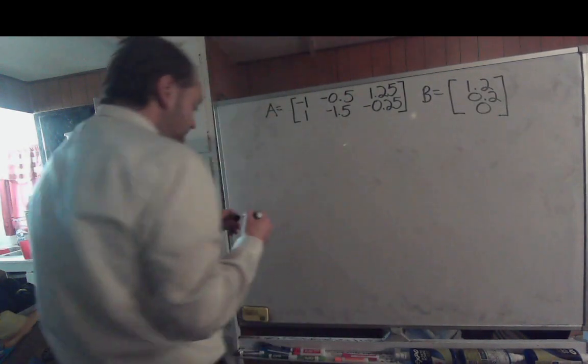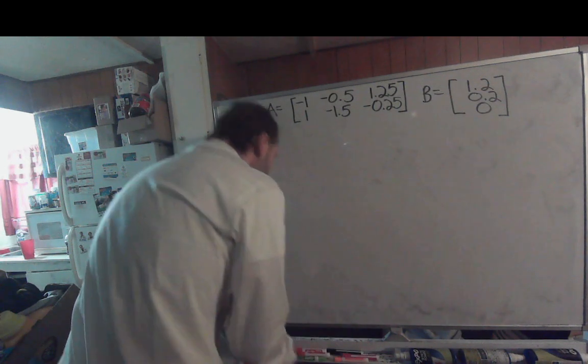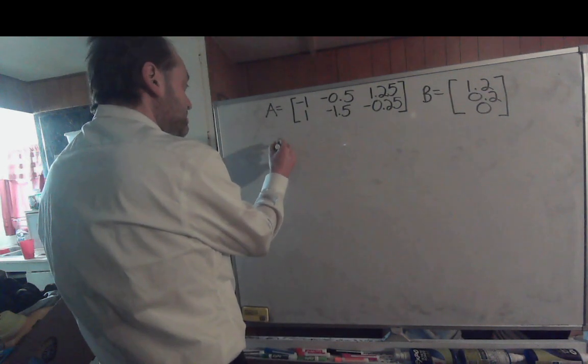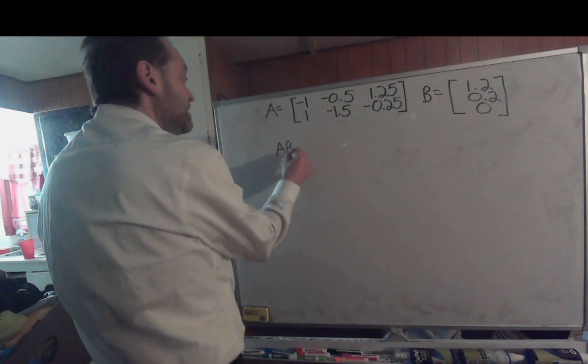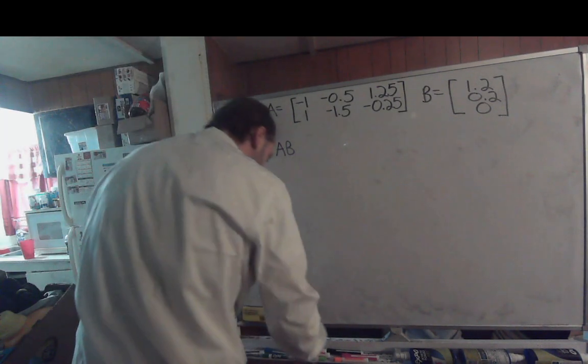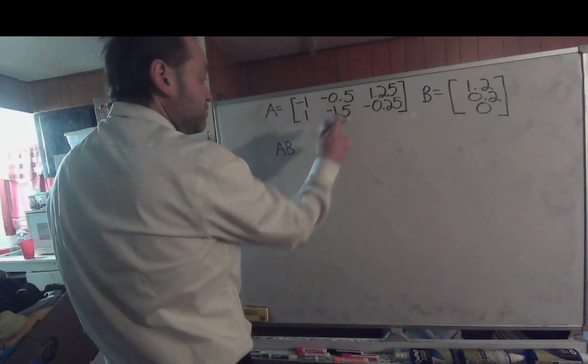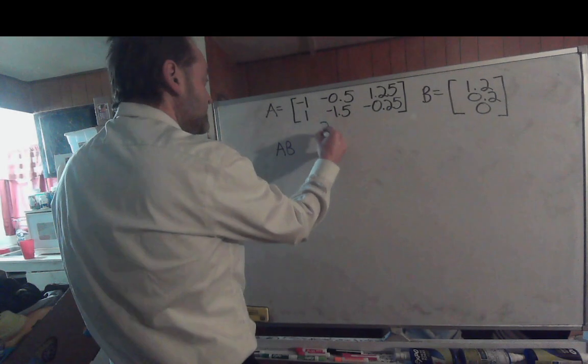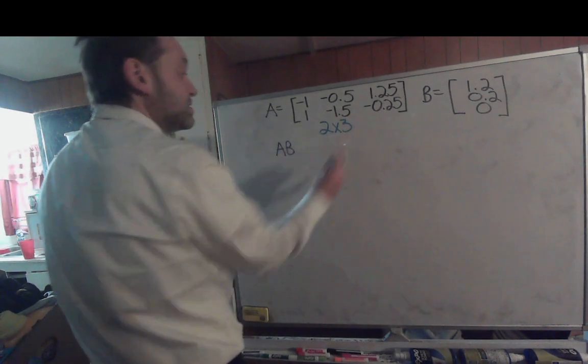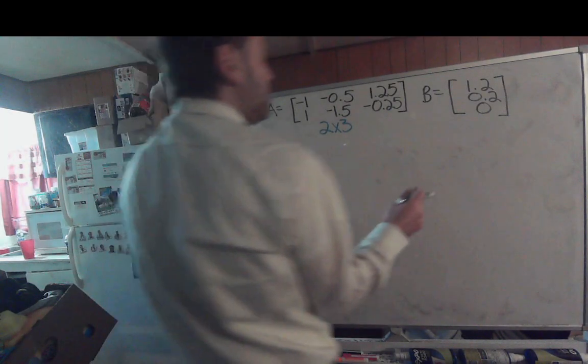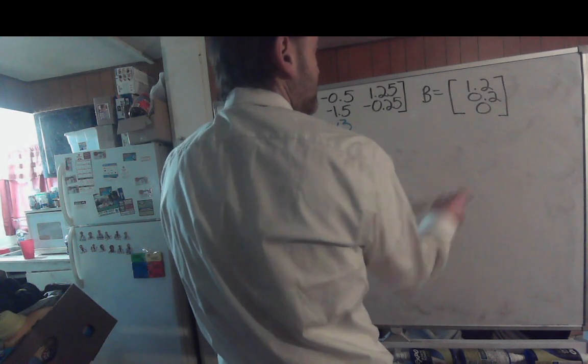So we need to ask ourselves first, is matrix A times B possible? Is it even possible? Well, what are the dimensions of matrix A? You have 2 rows by 3 columns, so this is a 2 by 3 matrix, right? Now, what are the dimensions of matrix B?